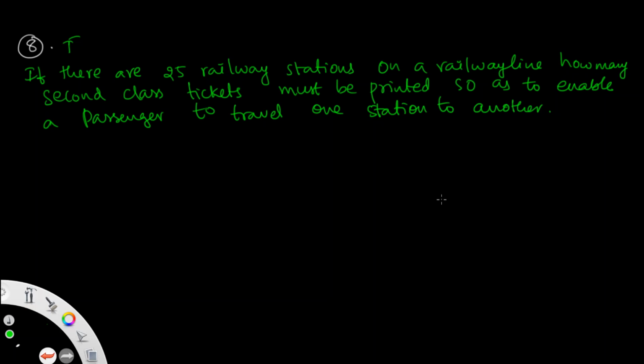Just now we learned the formula. How many stations are there? 25 railway stations on the railway line. The passenger has to travel from one station to another. This is one way.